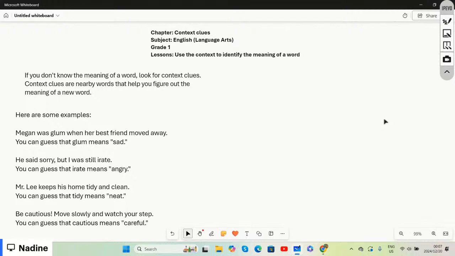All right. So when it comes to context clues, it says if you don't know the meaning of the word, then we need to look for context clues. That is within either a text or within a sentence.